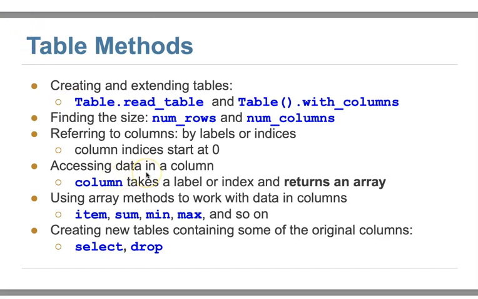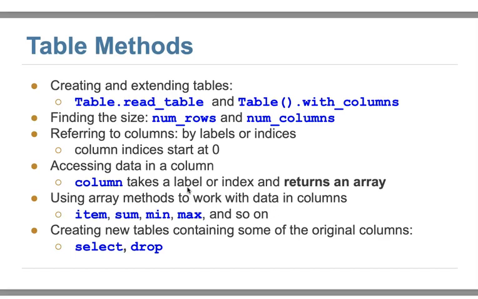Like earlier we said, in order to get specific columns, you can just use the table name, for example, T.column, then in the parentheses pass the label name or specify the index. It will return the array containing all the values of the column. After you get that column, that's an array, right?